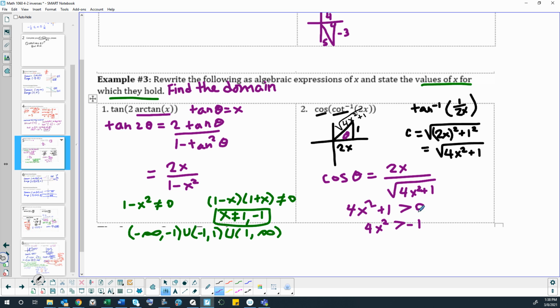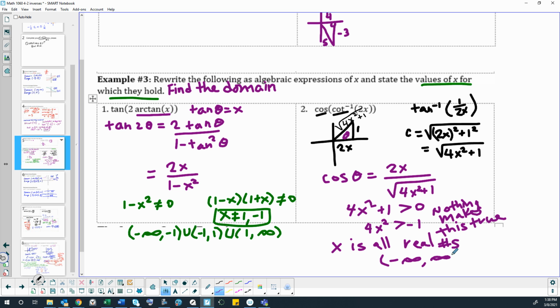So since there's no answers that make this false, everything makes this true. The domain is all real numbers, which generally we write as negative infinity to positive infinity.